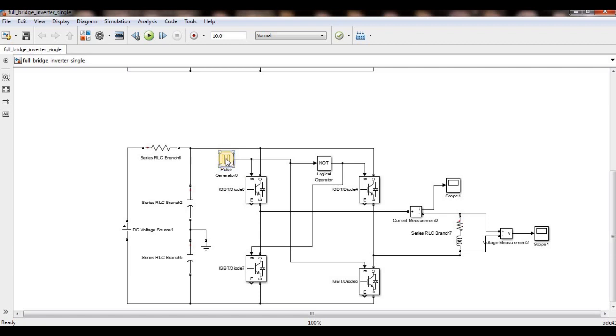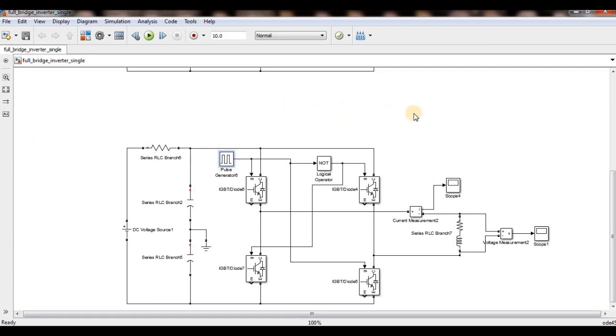So maybe up to 10 degrees it is 1, maybe 10 to 15 degrees it is 0, and 15 to maybe 25 degrees it is again 1. If pulses are coming like this, the NOT gate will also work. So during PWM, these diodes or these switches will be switched on for providing the discharging mode. But here I am only providing normal pulses.